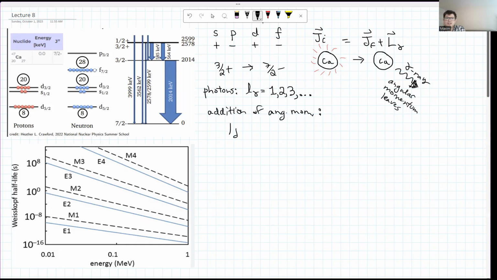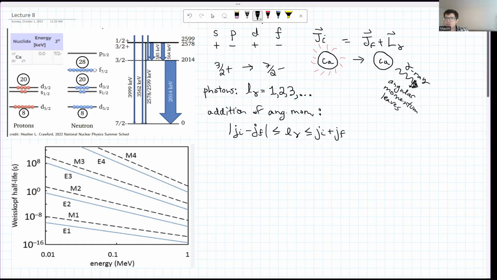If we take the absolute value of the difference between the final and initial quantum numbers, that has to be less than or equal to L_gamma, which is less than or equal to the sum. Okay, so that's the rule that has to be satisfied.